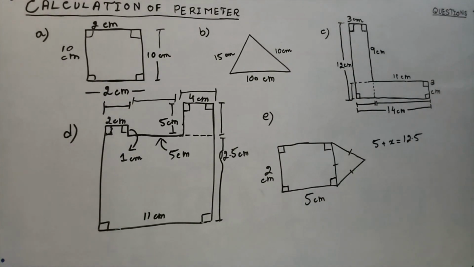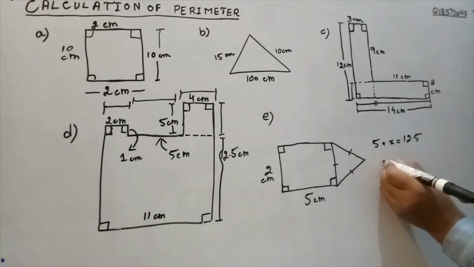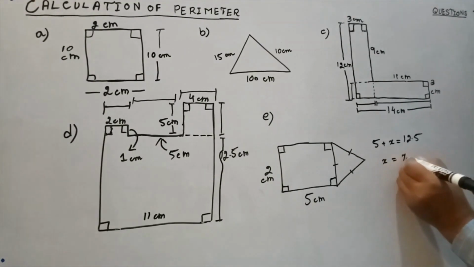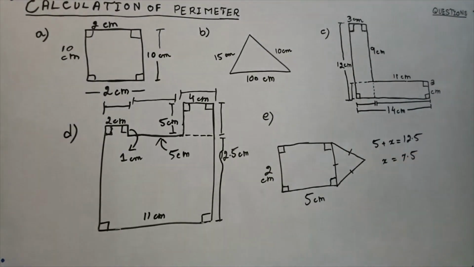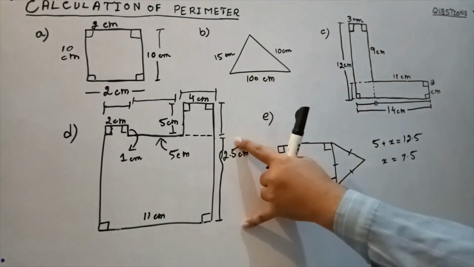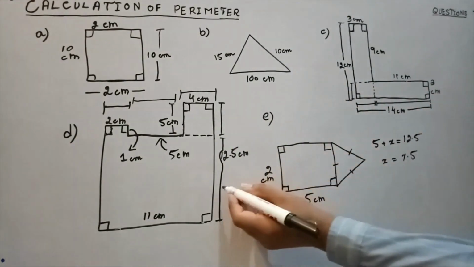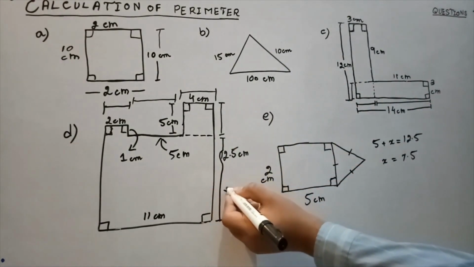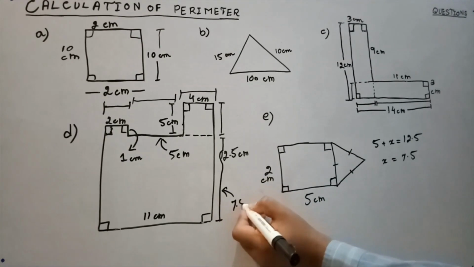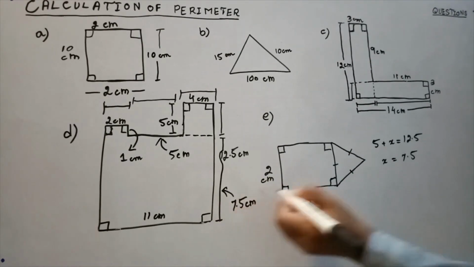Now if I subtract 5 centimeters from both sides, I will get x is equal to 7.5 centimeters. It means that this unknown length, which is x, is 7.5 centimeters. Clear?